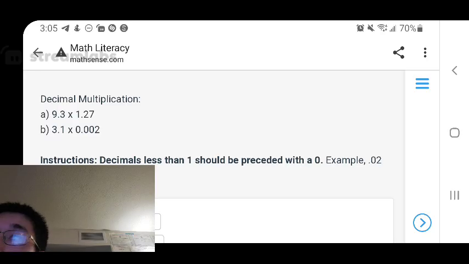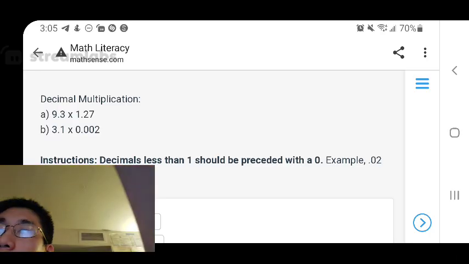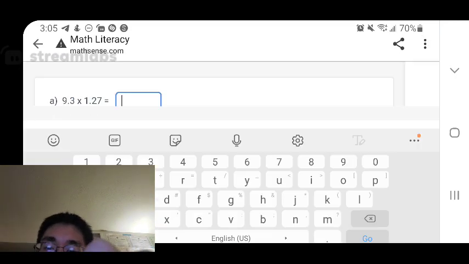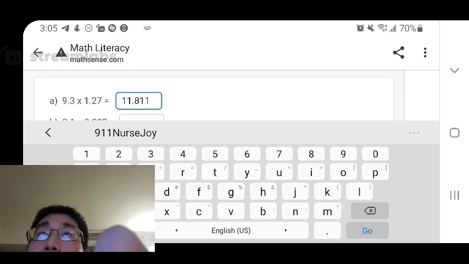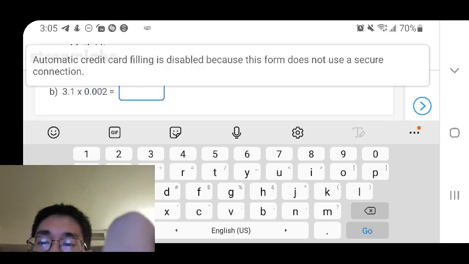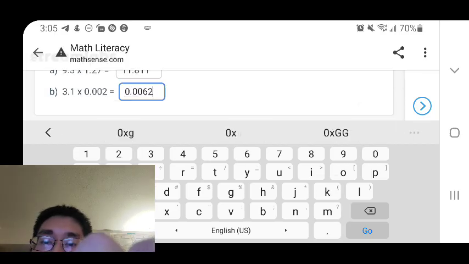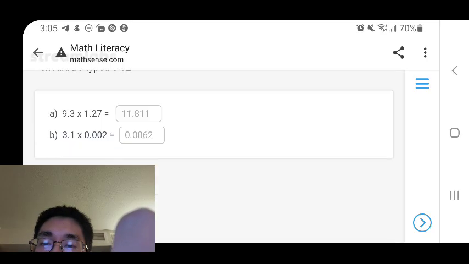Yep, because there's 3 and 1. Yep, that should be right. So that should be 0.0062. Yep, that's right. So I'll take my answers. Zero point 0062. Yep.